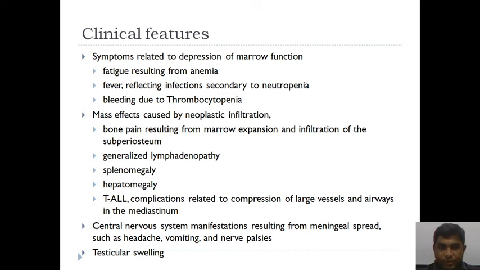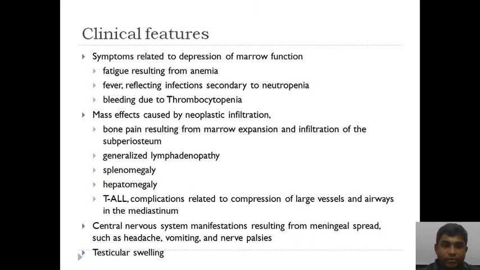That could be symptoms arising because of reduced hemoglobin or reduced red blood cells, which is basically fatigue resulting from anemia. Reduction in white blood cells, especially neutrophils, leads to neutropenia, and this puts the individual at risk of infections, and many times the patients present with fever.